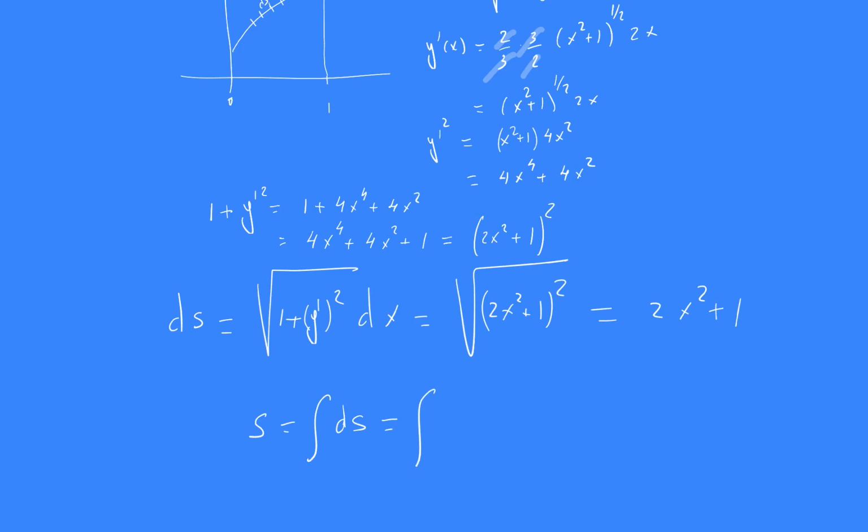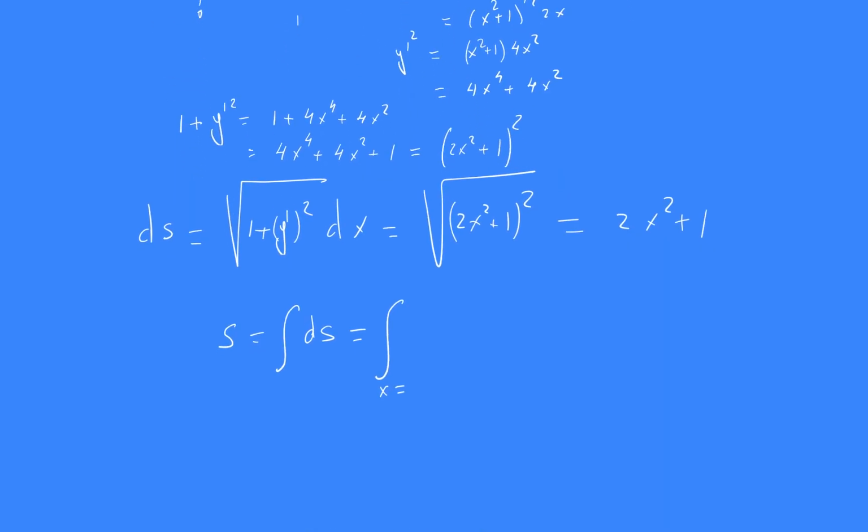So the s is the integral from x equals 0 to x equals 1 of (2x squared plus 1) dx. Sorry, the dx was missing here.